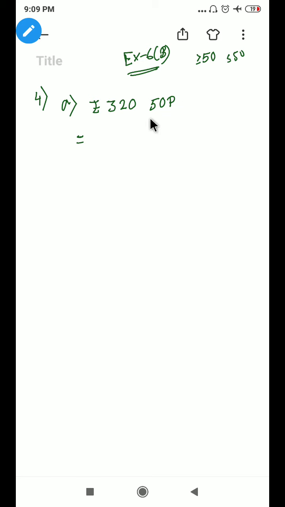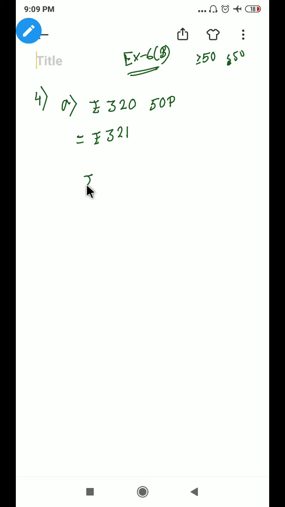Here 50 paise is given, which is greater than or equal to 50, so you have to add 1 rupee. It will be 321 rupees.